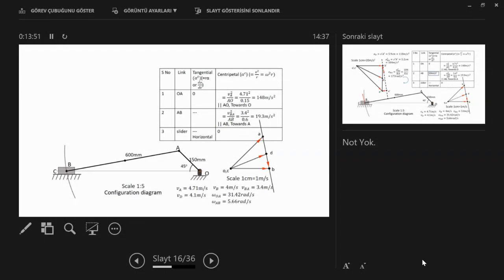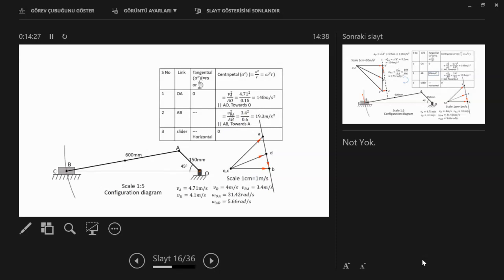And the normal component is equal to what? V squared over the length OA. So we can calculate this: 148 meters per second squared. Good. Now let's come to link 2, that's the coupler. We know the direction for the normal component, isn't it?